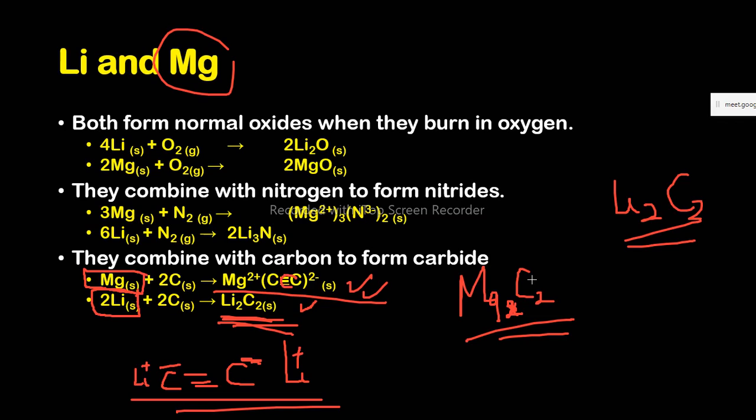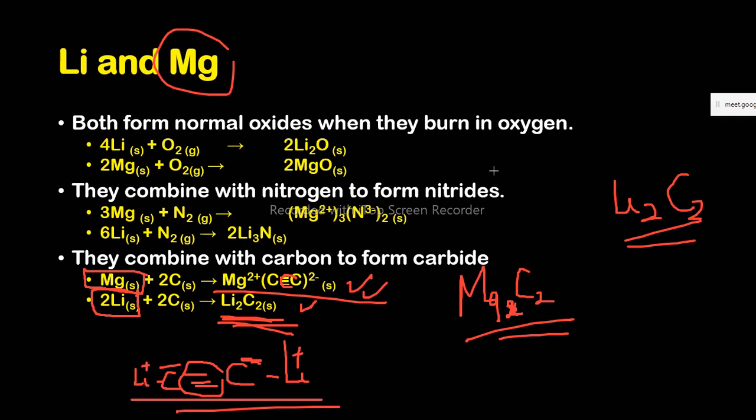Teacher, a carbide is a radical? It's not a radical. It's a derivative of an alkyne, with a triple bond, where instead of hydrogen you put the highly electropositive metal. So it can't exist on its own.